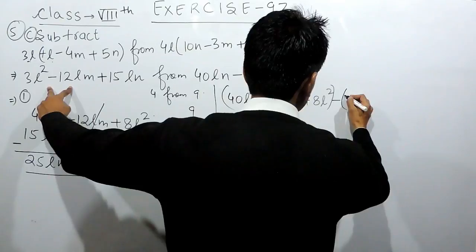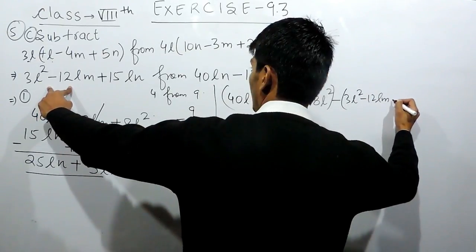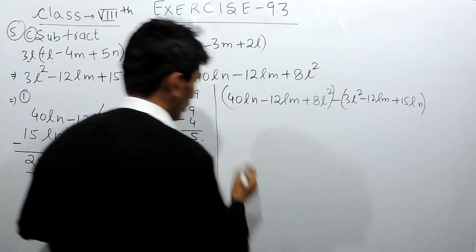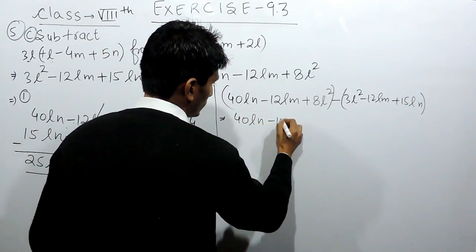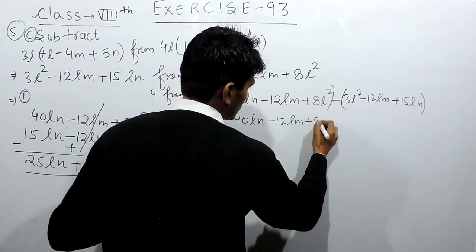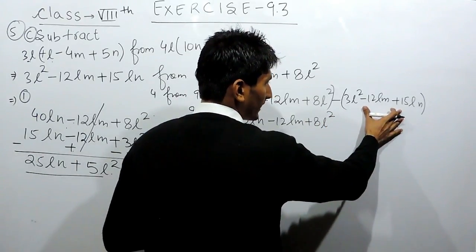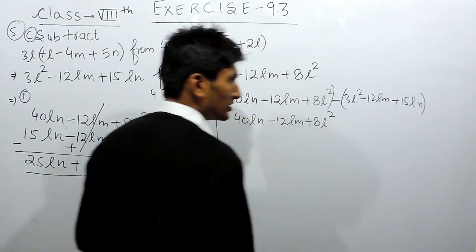So this is 3L square minus 12LM and plus 15LN. Now I have to open the bracket, so this will remain as it is, but outside this bracket there is a negative sign, so all the signs inside the bracket will be changed.